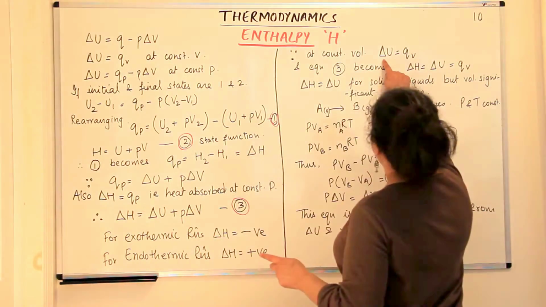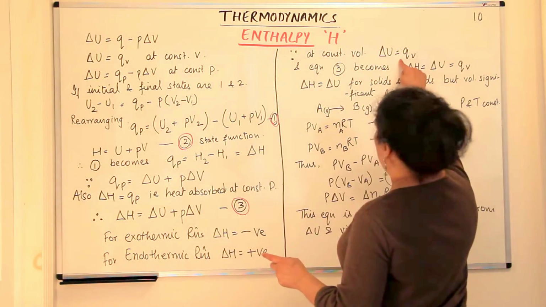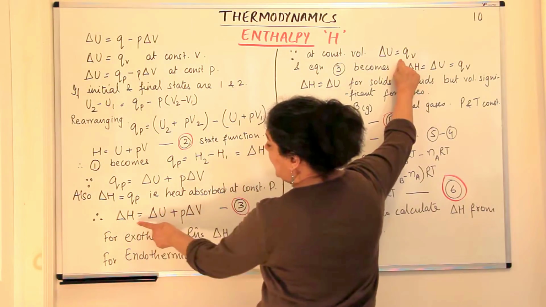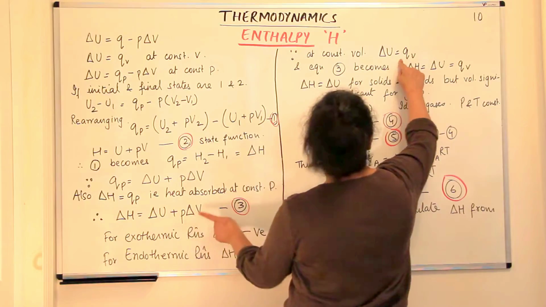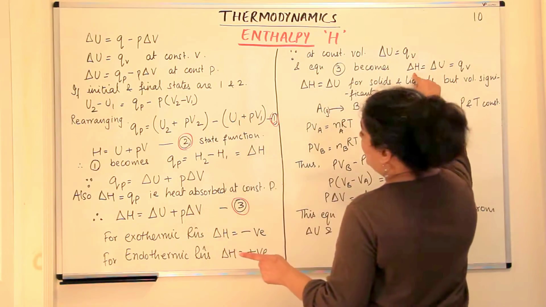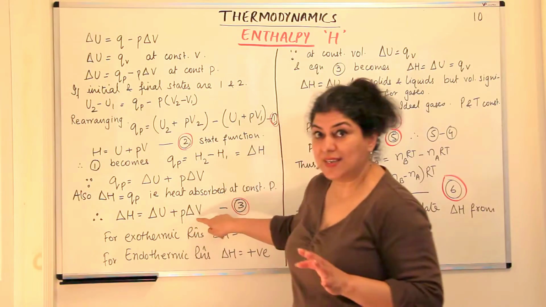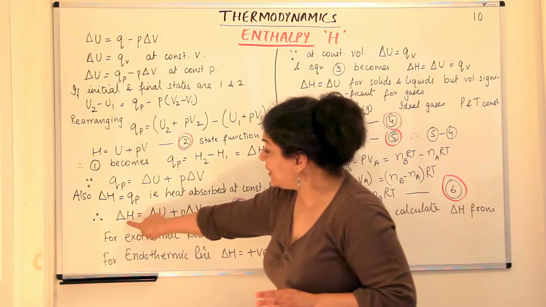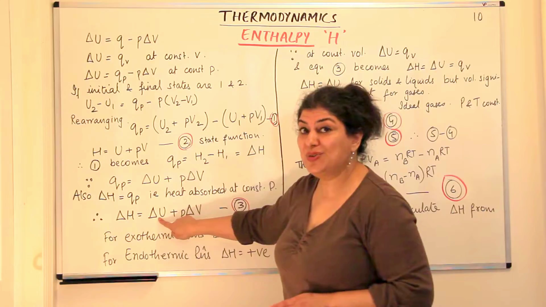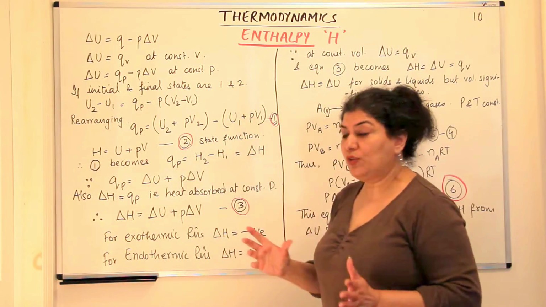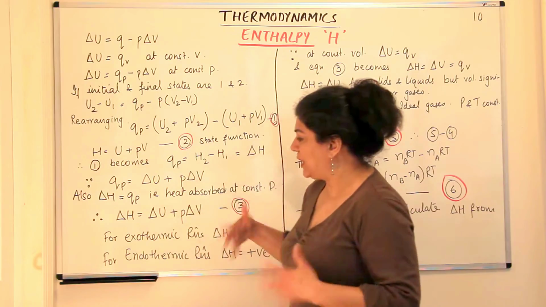Now look here, delta U is equal to QV. And what do we have in equation 3? It says delta H is equal to delta U plus P delta V. So, when volume is constant, P delta V is 0. So delta H would become equal to delta U. If we carry out this reaction at constant volume, P delta V would again become 0.